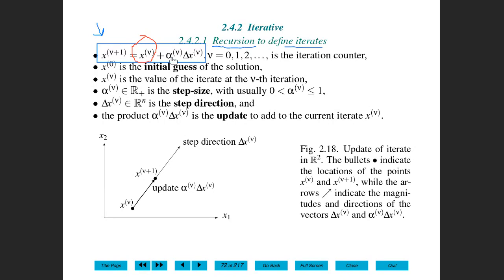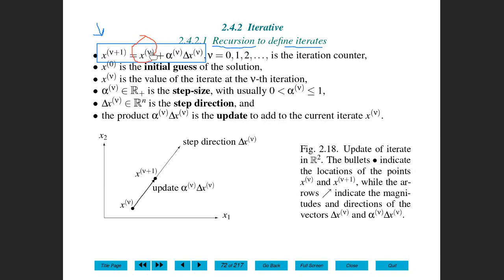Now here is the additional part. If this additional part is positive, what would happen? The value of x would increase, and if this value is negative, then the current value of x would decrease. Sometimes you also say this is the new value, this is the current value.